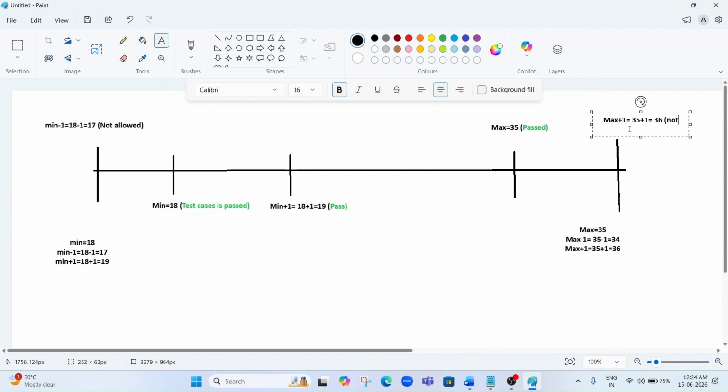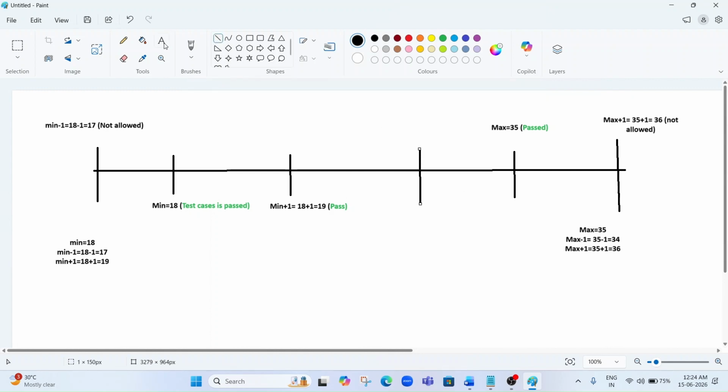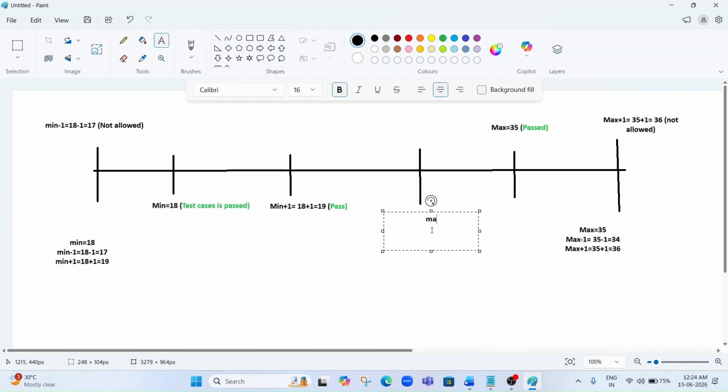Not accepted, not allowed. So our negative test is also passed. And the last boundary we will check here, max minus 1 equal 35 minus 1 equal 34. So pass, because 34 is also allowed.